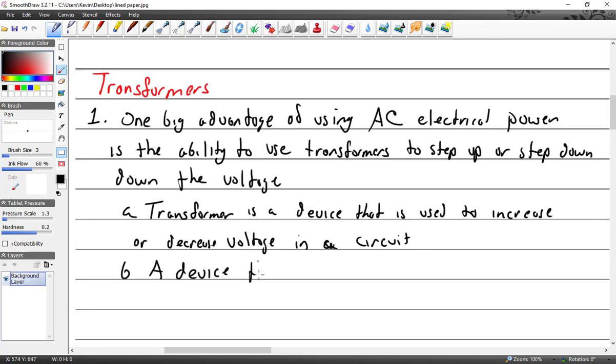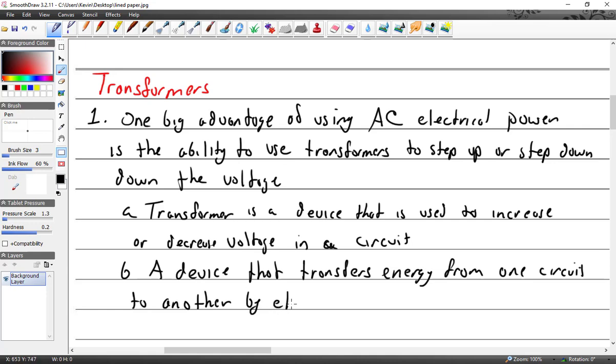A device that transfers energy from one circuit to another by electromagnetic induction.